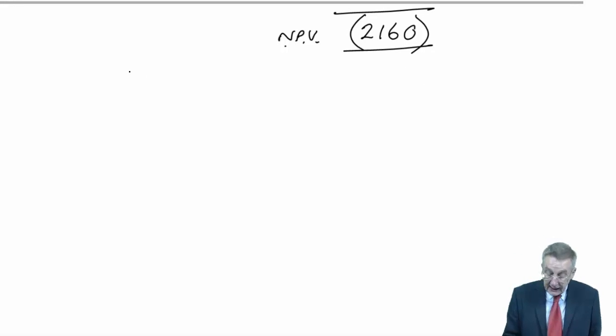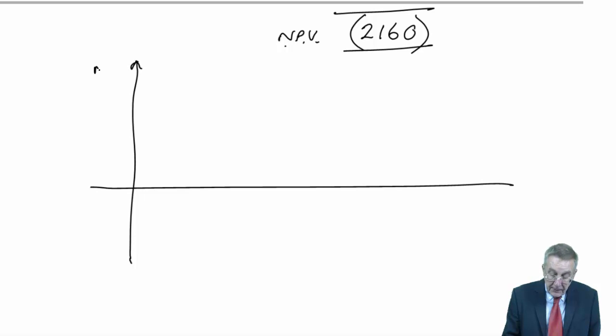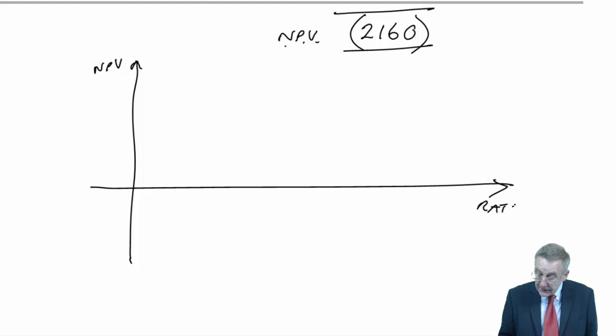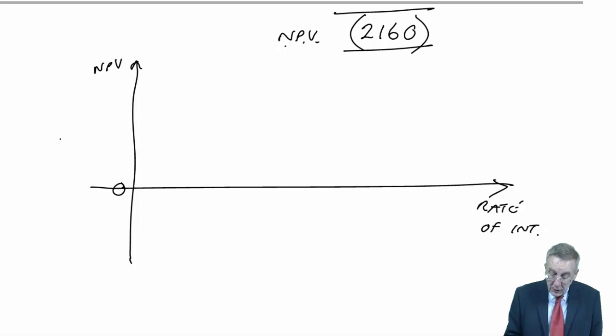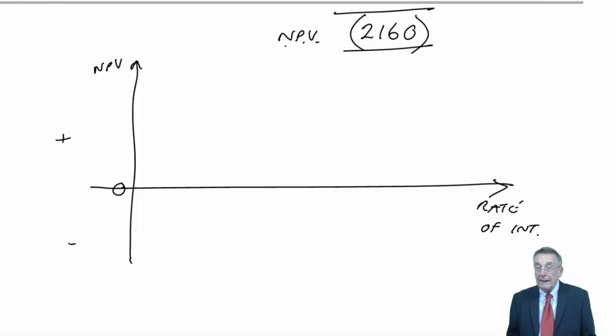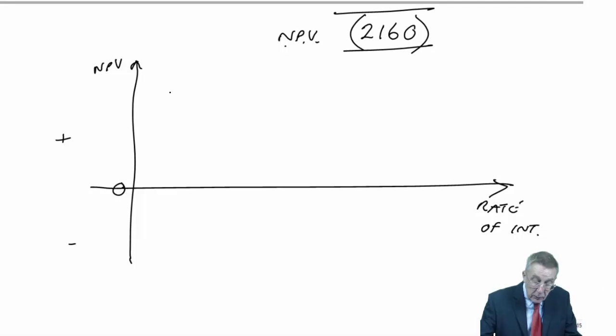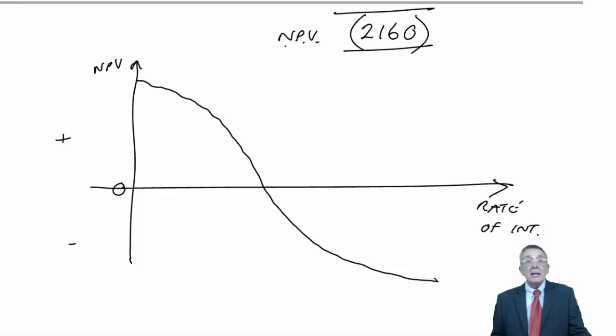If I did draw a graph of the NPV as against the rate of interest, there's naught, there's positive, there's negative. If you went through and worked it out at 1%, 2%, 3%, 4%, and so on, what you'd find is the NPV would fall, but it would be a curve.